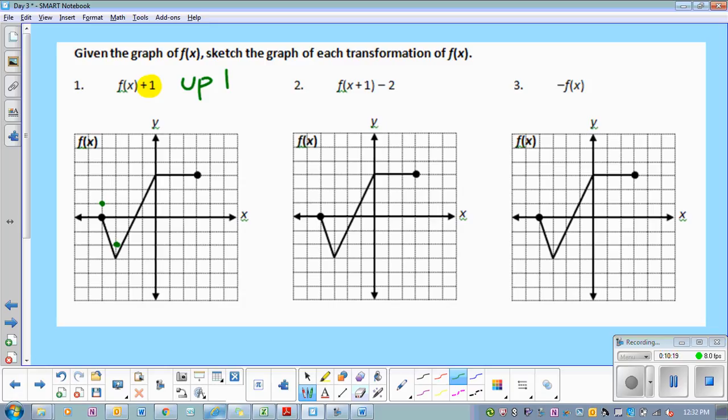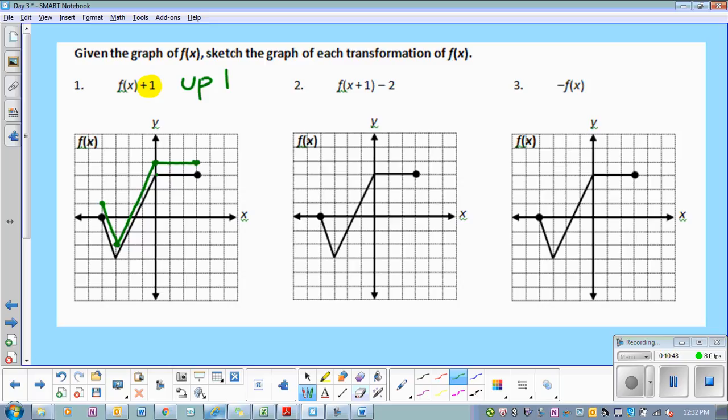This point here, move that up one. And then all the way down here at the end, move that one up. And we just connect the dots here. There we go. Up one. Questions? Okay.